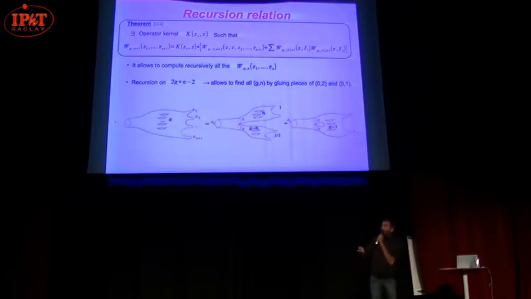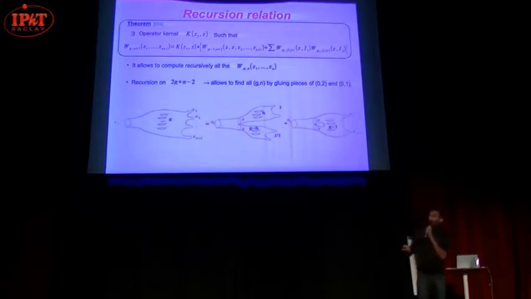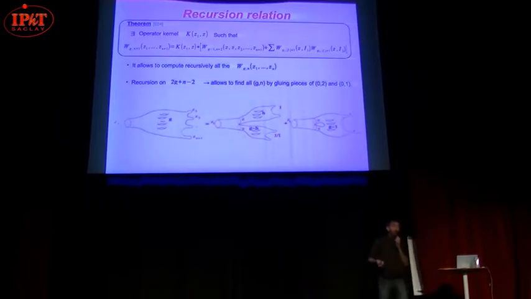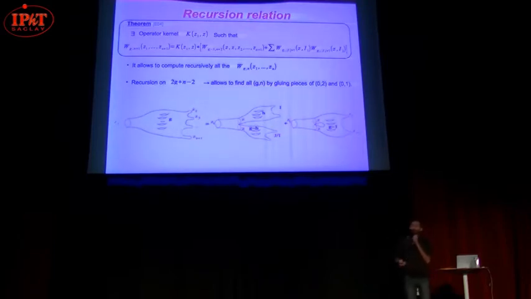Somehow this kernel is the piece you add to make this new surface. If you look at it, it looks like a pair of pants that you remove, except that in fact it depends on only two variables, so it's like it has two boundaries. So you should think of it more as a cylinder where one of the boundaries is pinched. You can call it the pair of pants without the legs, or the short, if you want.